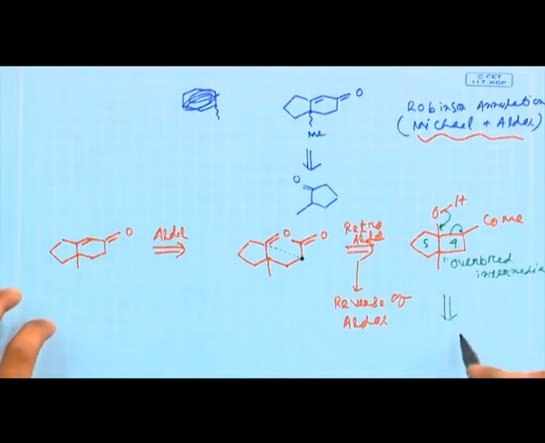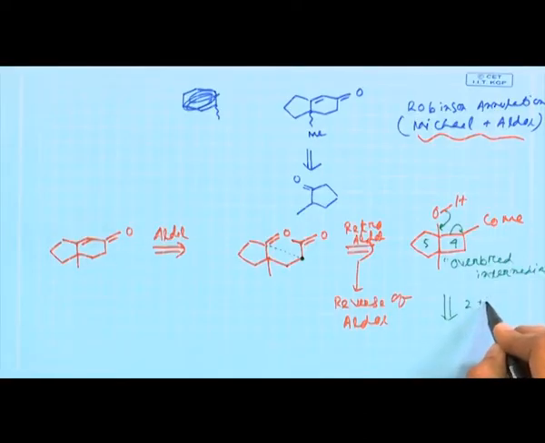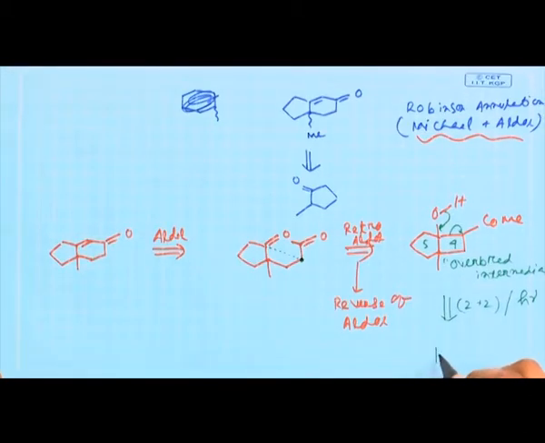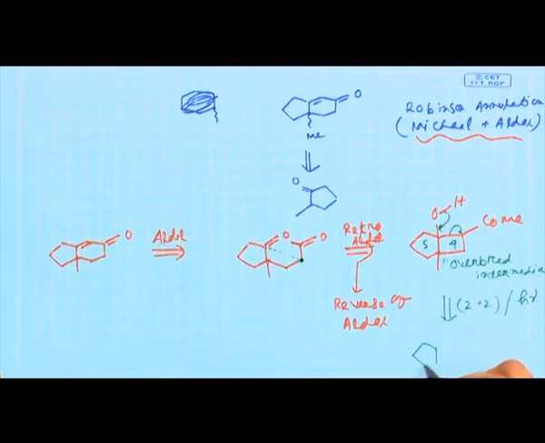Fine. So, now whenever you have a choice to make a 4-member ring, my suggestion is straightforward: go to a 2+2 photochemical reaction. That is probably one of the best reactions available in the literature or available to the synthetic organic chemistry community. So, now you can easily find out what is the 2+2 retro.